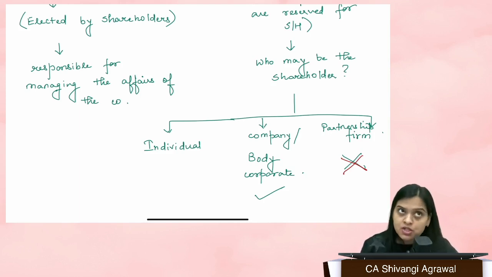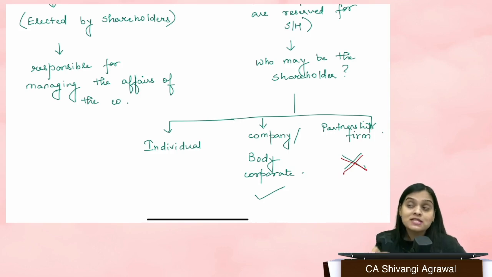So if you are a partnership firm and you want to invest in a company, then you have to invest in the name of one partner. You cannot invest in the name of the partnership firm.